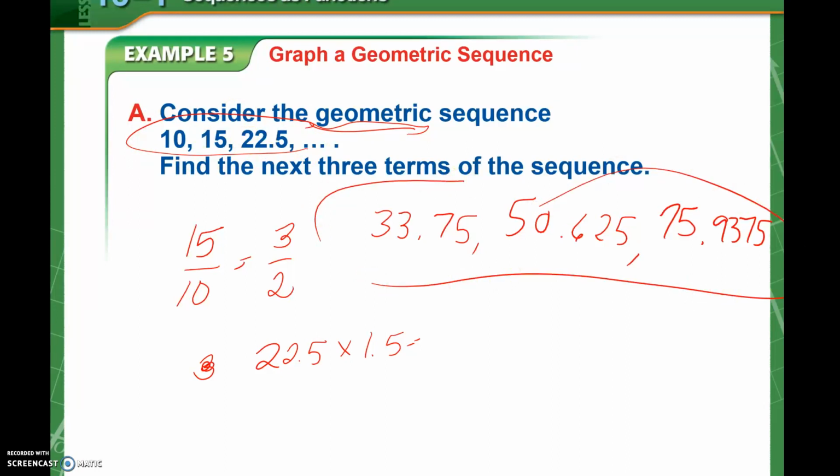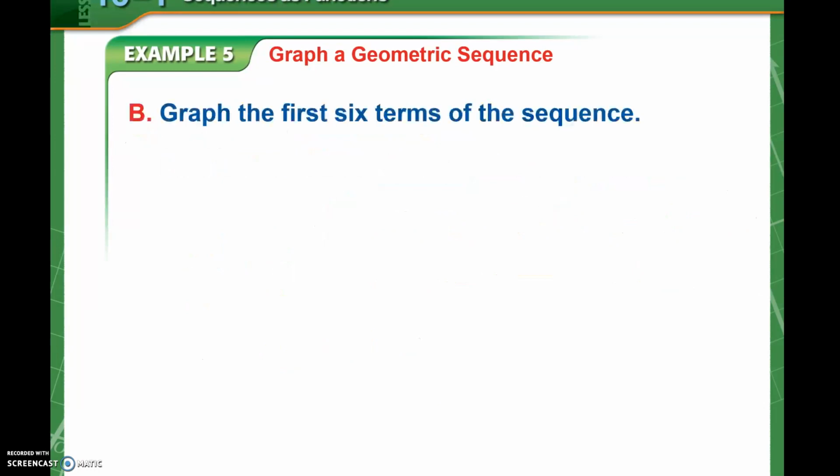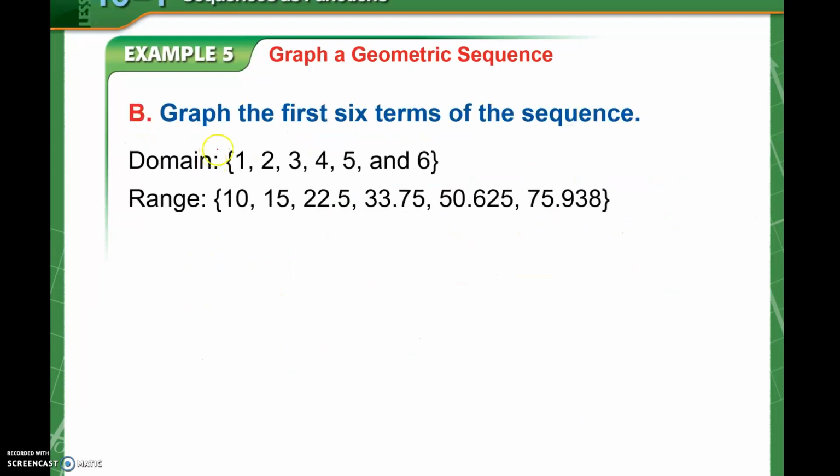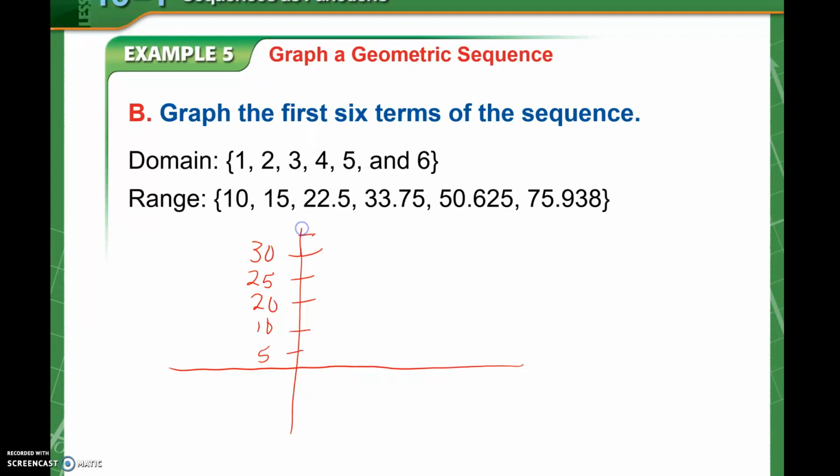So then if I graph these, here's my term numbers, here's what I get. When I look at them on a graph, I'm going to go up by 5s. Probably should have gone up by 10s. Let's go ahead and do that.